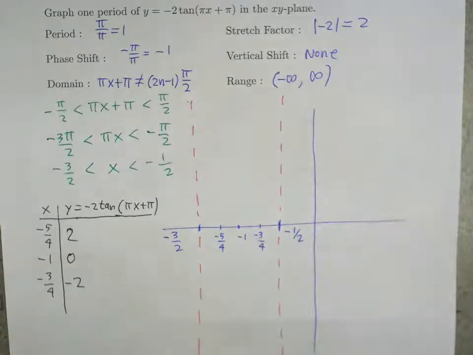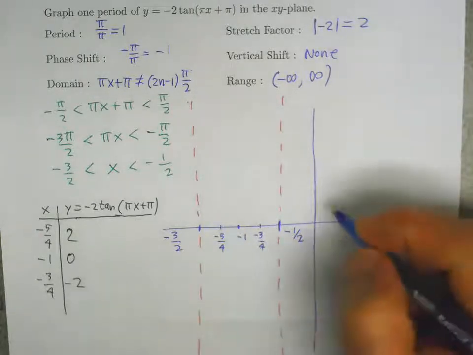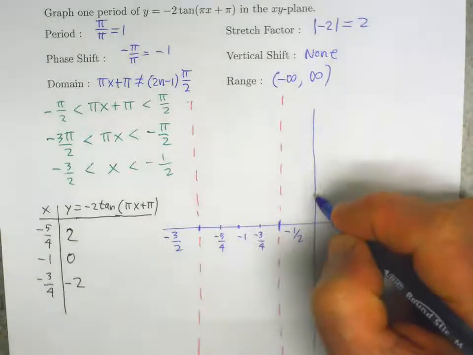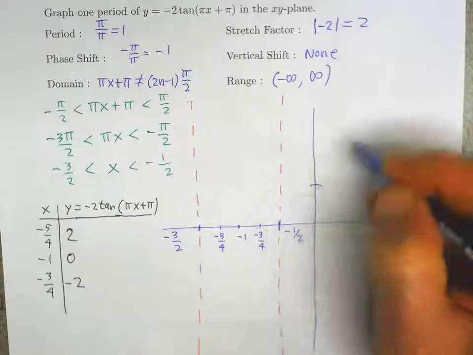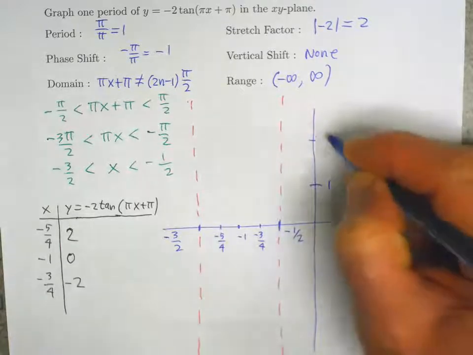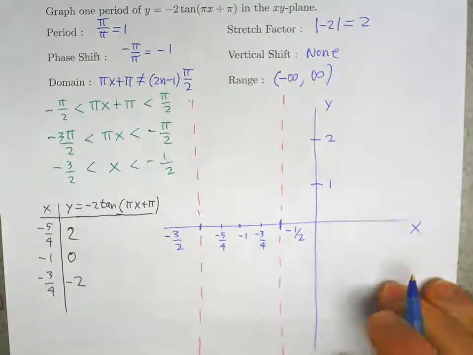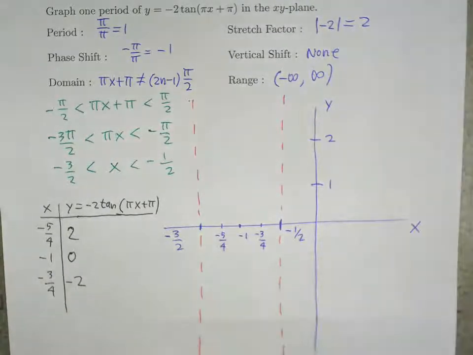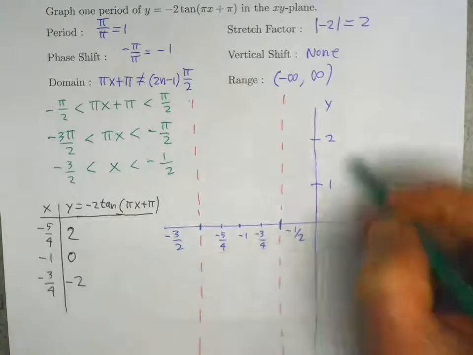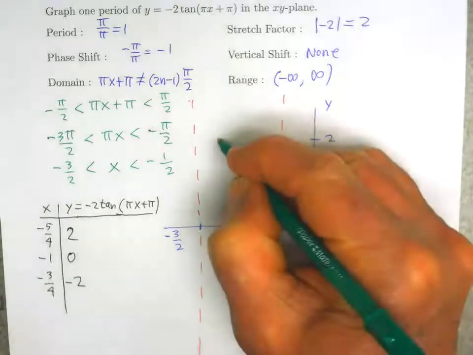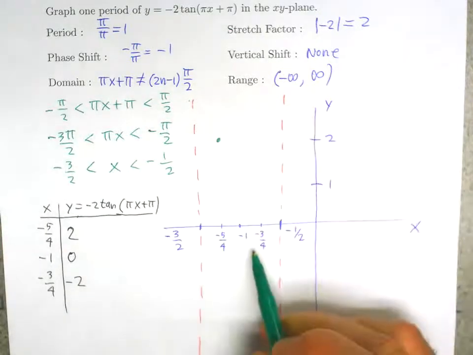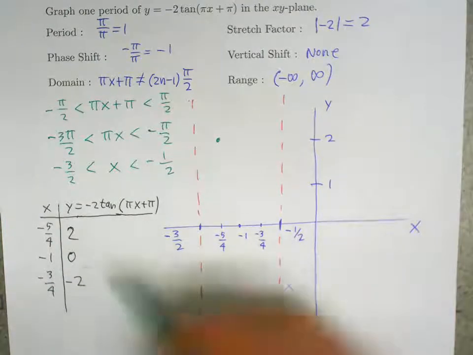Let's see, I need... so the two scales on the x-axis and the y-axis aren't exactly the same. Okay, but when x is negative 5/4, the output is positive 2. When x is negative 1, the output is 0.